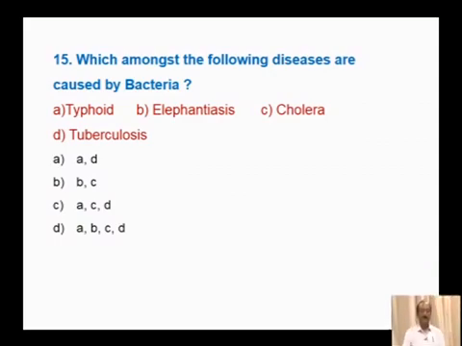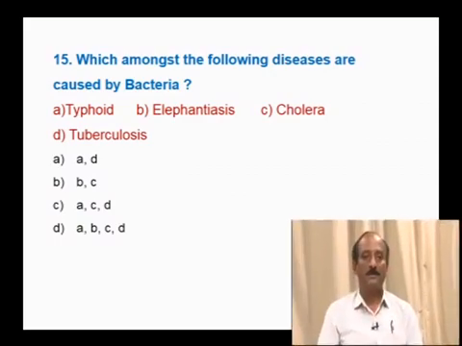Question number 15. Which amongst the following diseases are caused by bacteria? Typhoid, elephantiasis, cholera, tuberculosis. As you know, typhoid is caused by a bacterium called Salmonella typhi. Elephantiasis is caused by a filarial worm called Wuchereria bancrofti.